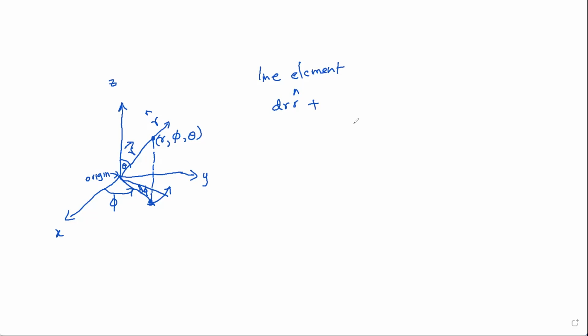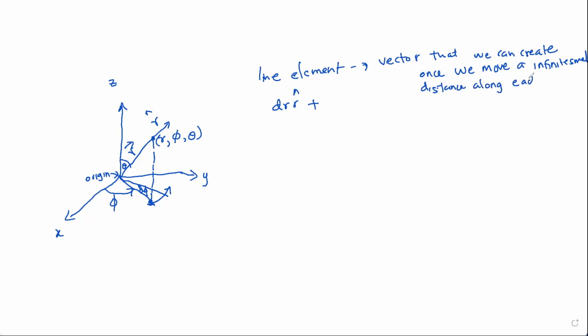So the line element, we can go ahead with the definition: the vector that we can create once we move a small infinitesimal distance along each of the axes, right?